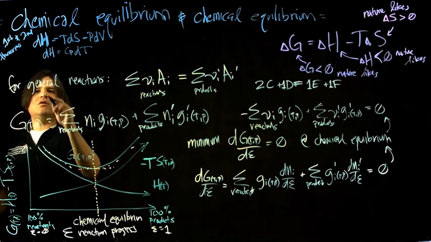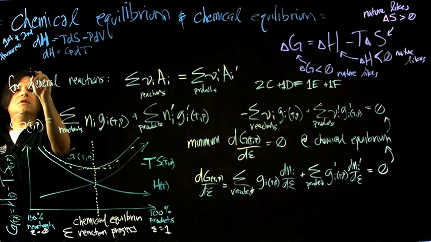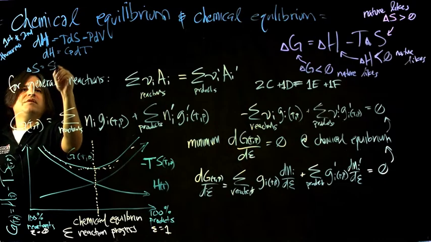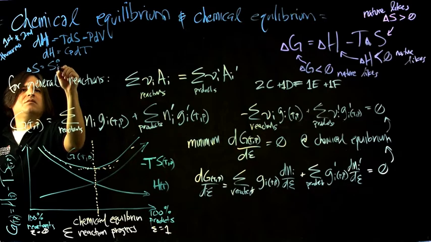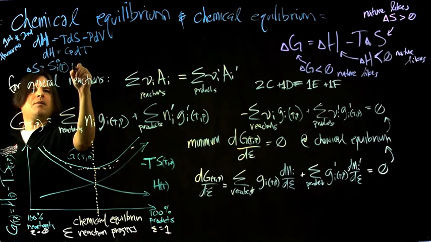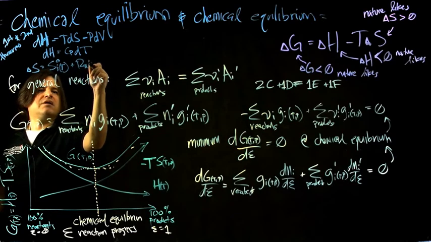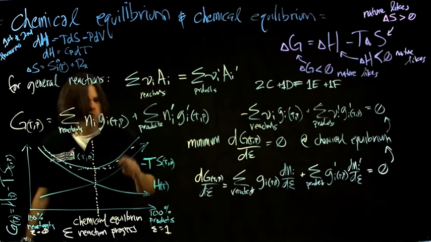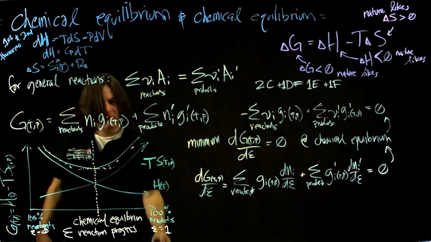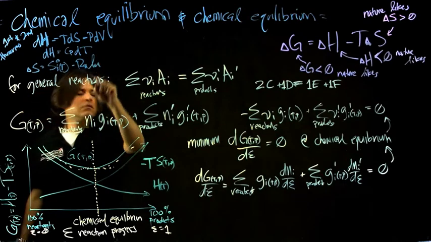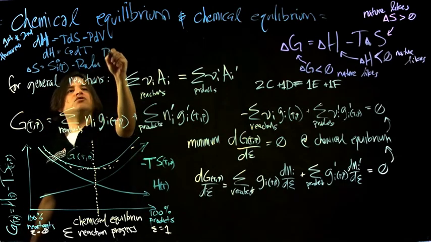And then you could also write that in general, the delta S equals some reference condition that you can write in the table minus R, the universal gas constant, and the partial pressure.